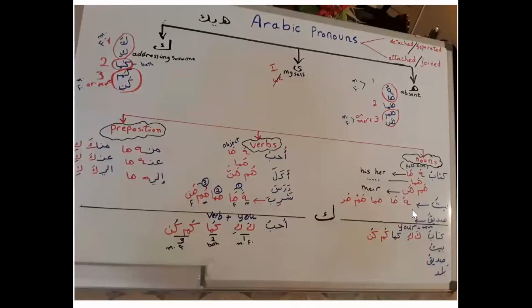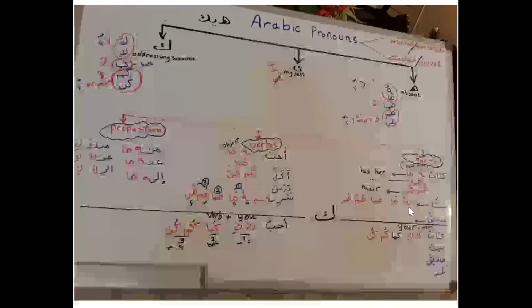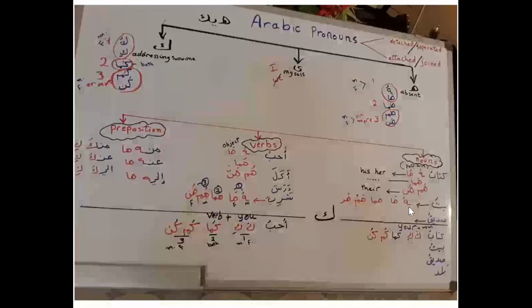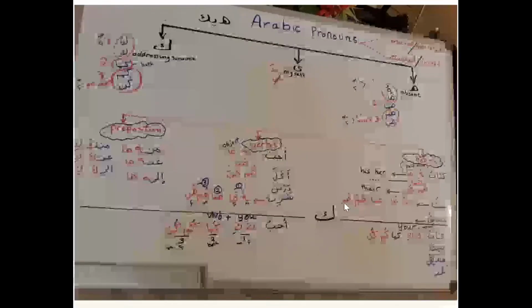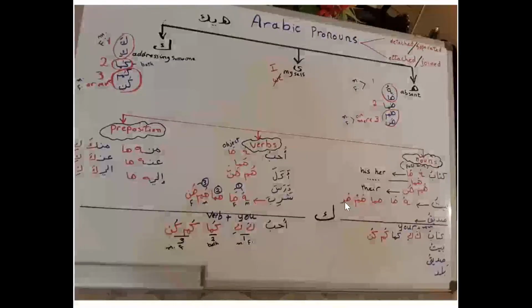We are talking about someone who is not present, who is absent. بيته, بيتها, بيتهما for two persons, بيتهم, بيتهن. And we will also take another word, صديق. صديق means friend. صديقه.